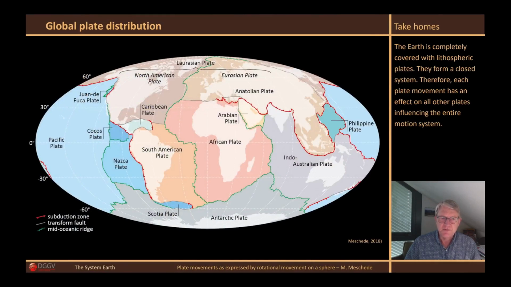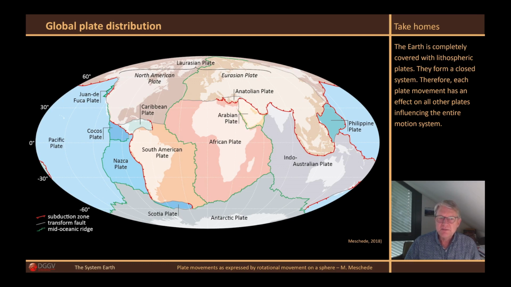A consequence of the Earth's spherical shape is that all plates on Earth together form a closed system. We can see it here in this illustration. There is no gap between two plates, and yet all the plates move towards, away from, or past each other in very different ways. And the system has to remain closed because a hole must not appear anywhere.